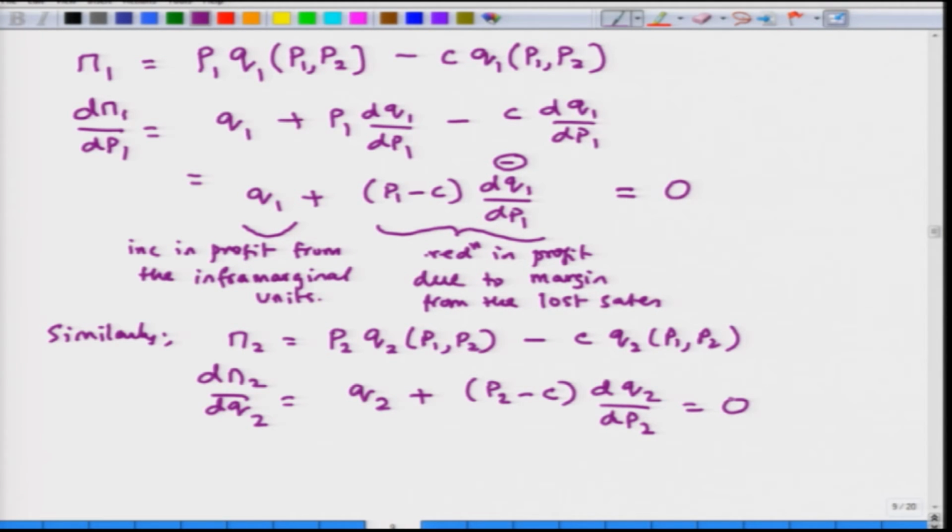So, I have the two first order conditions for the two firms, and we will simultaneously solve the two first order conditions to figure out what the optimal prices are. Okay.